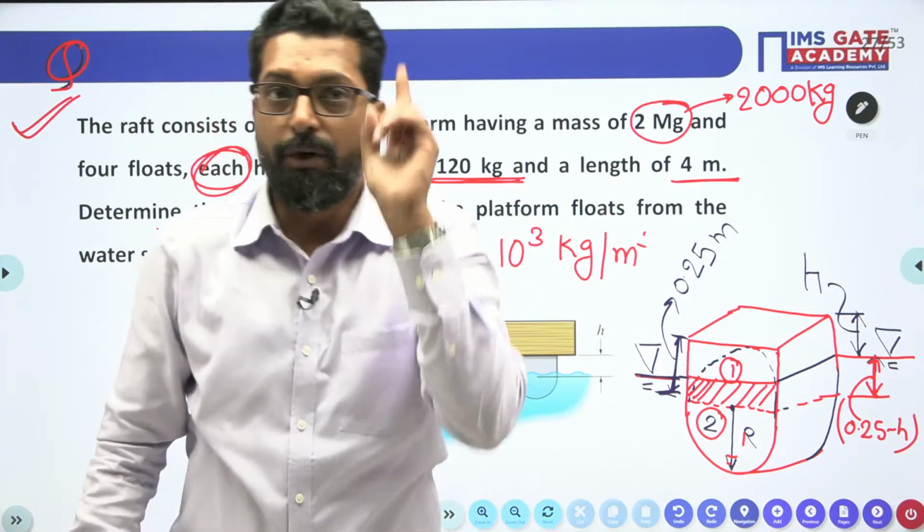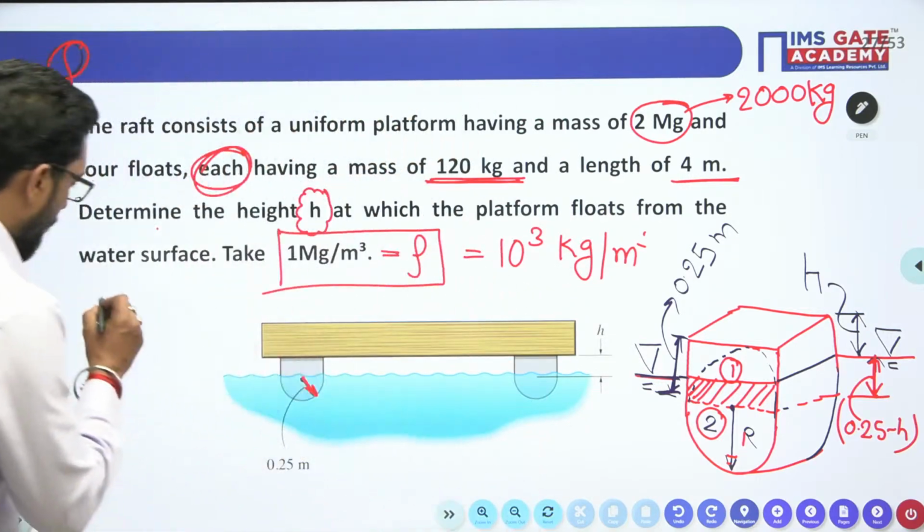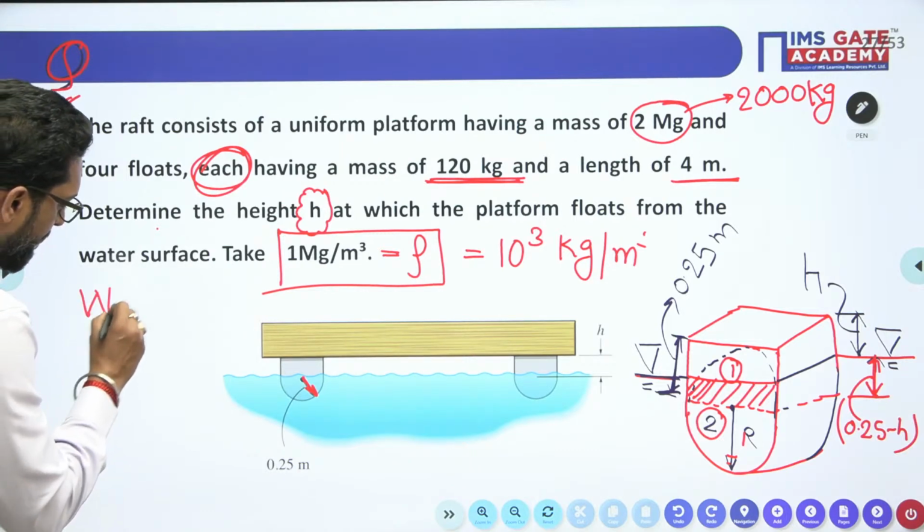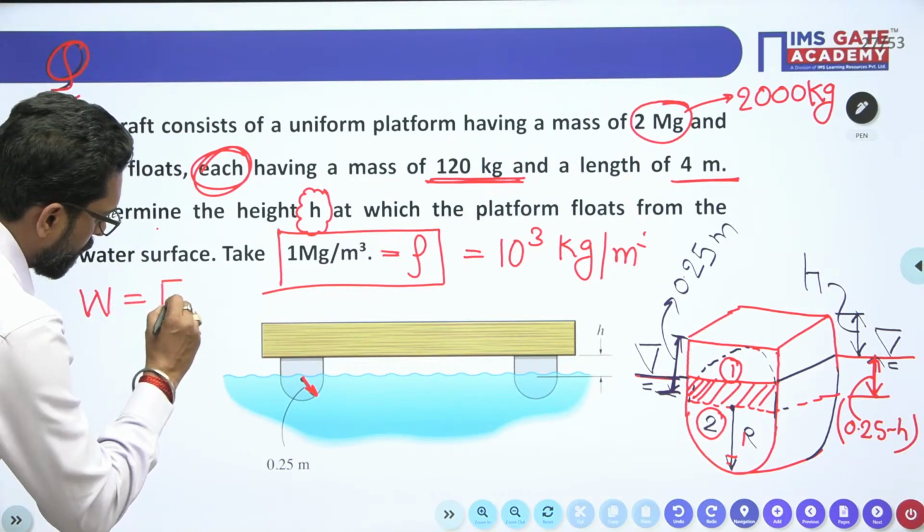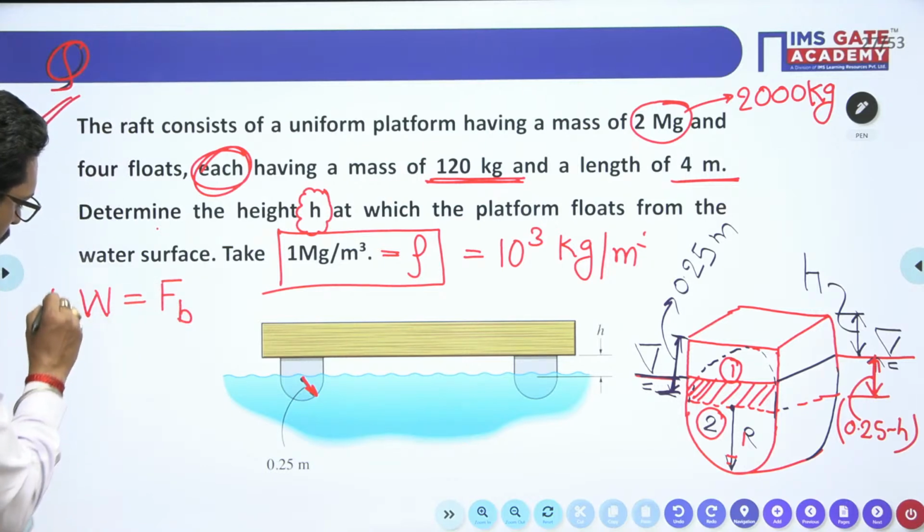Number one is the weight of the body. That means the weight of the body is exactly equal to the buoyant force. This is the first equilibrium condition.